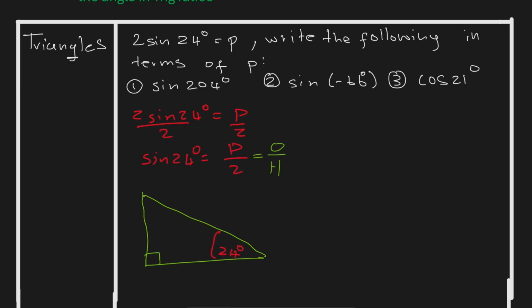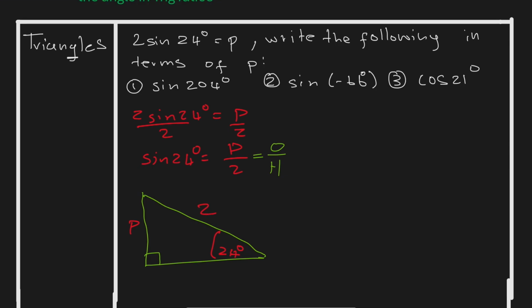The side that is looking at the angle will be the opposite side. The value of the opposite side is P, so you put P there. The value of the hypotenuse is 2. Remember, the hypotenuse is the side opposite the angle of 90 degrees, so this value here is going to be 2.